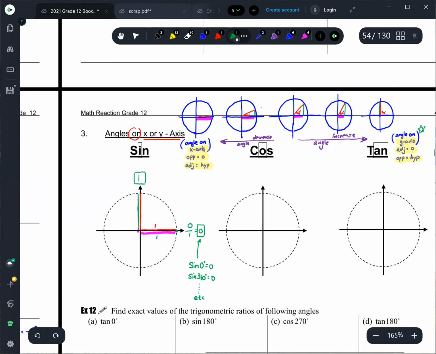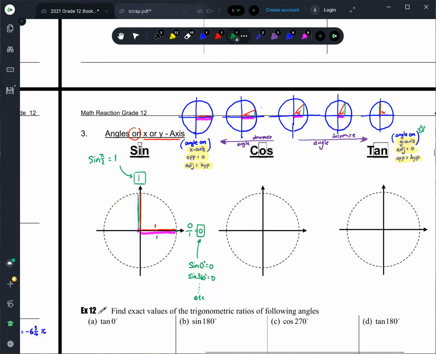So this 1 means, if you have sine, I'm going to use radians, sine of pi over 2 will be 1, because pi over 2 is 90 degrees, right?